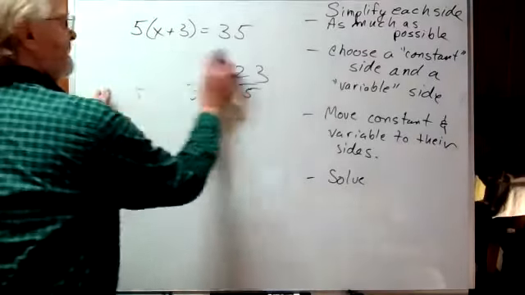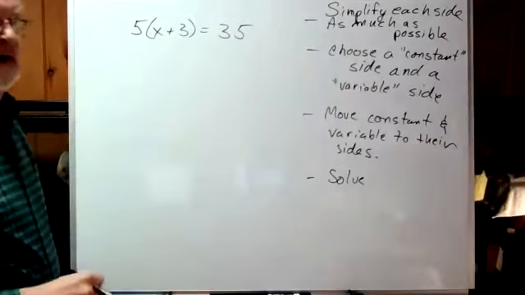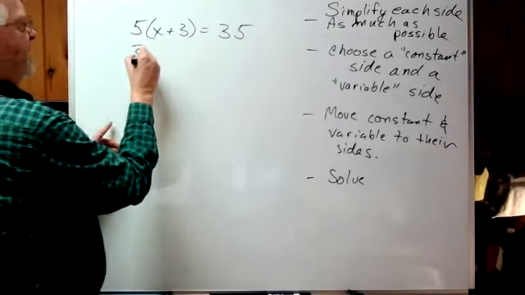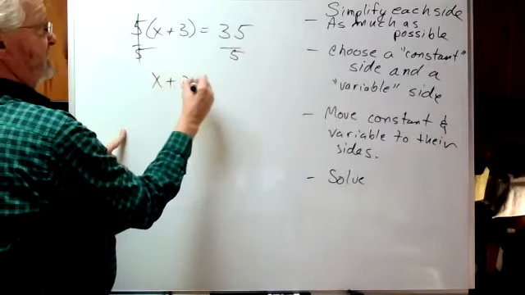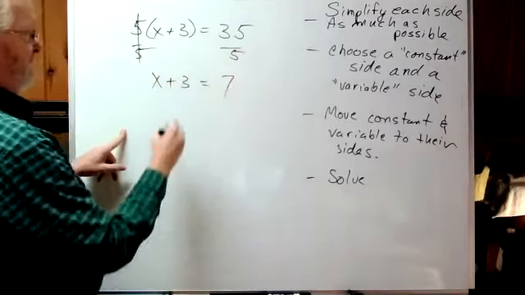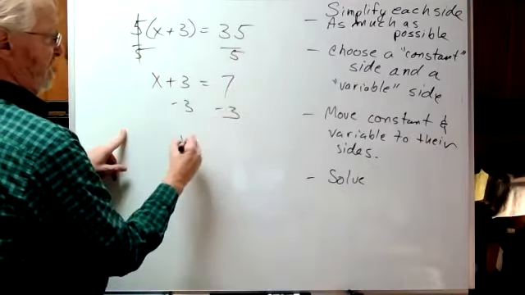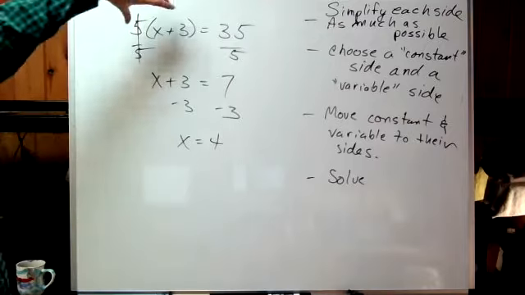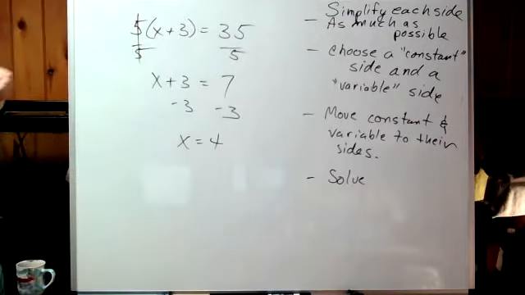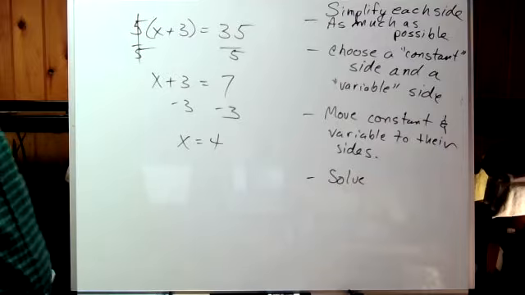But in this case, there's no extra pieces to divide by 5. If I divide by 5, I have x plus 3 is 7. X equals 4. Hopefully we got the same answer, right? That works in this case just because it's one term and it doesn't get messy.